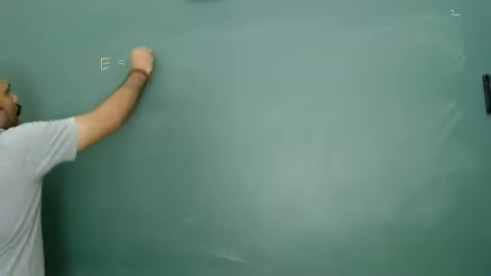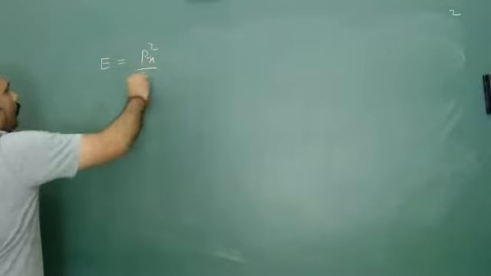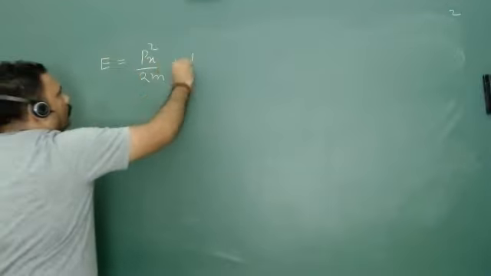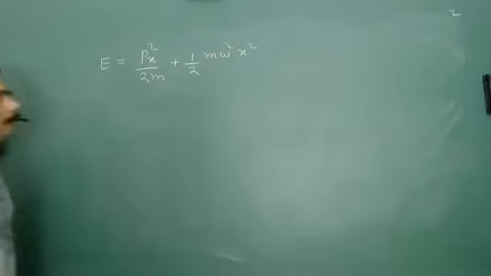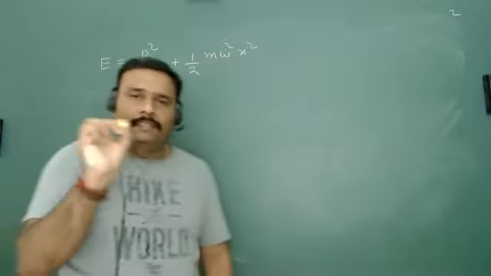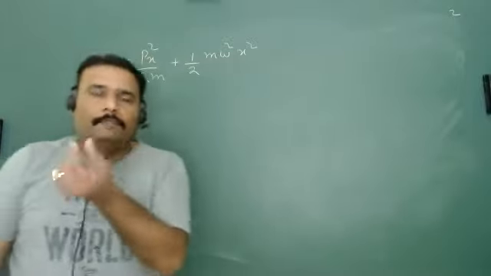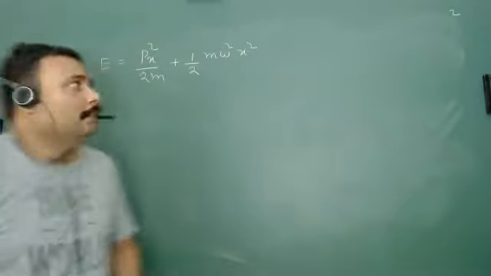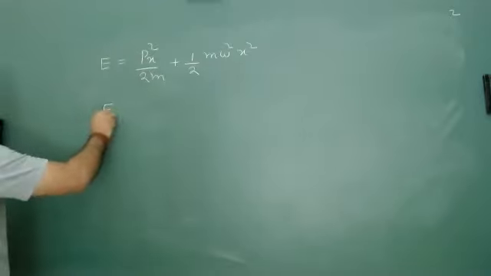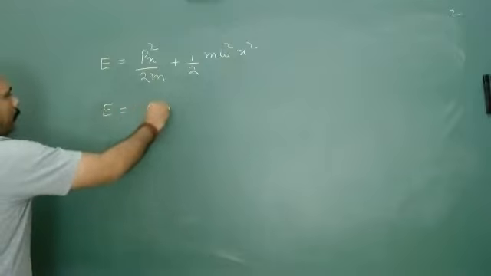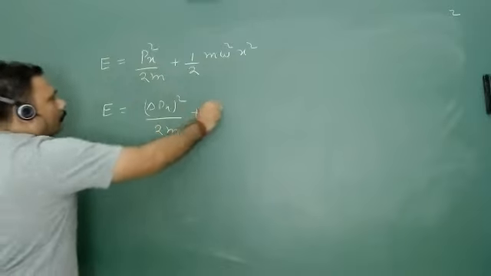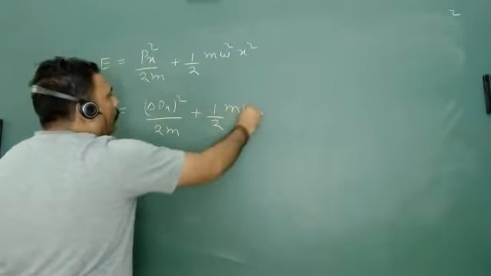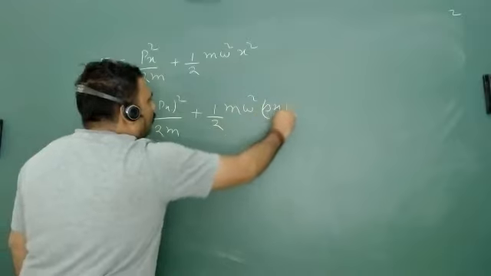It is px square upon 2m plus half m omega square x square. Now, for uncertainty, I cannot say this will be exactly px and exactly x. There may be some variation in x and px. So what will be the energy? I can write this as delta px whole square upon 2m plus half m omega square delta x whole square.